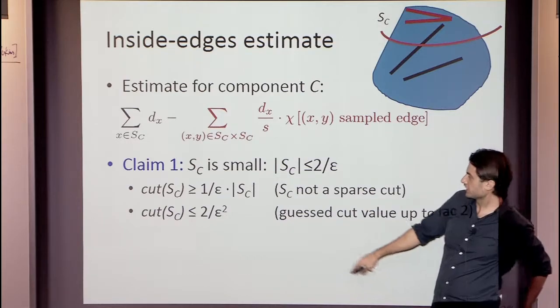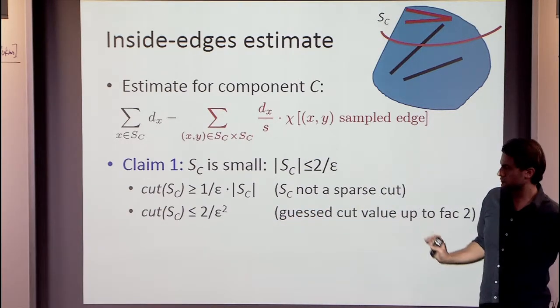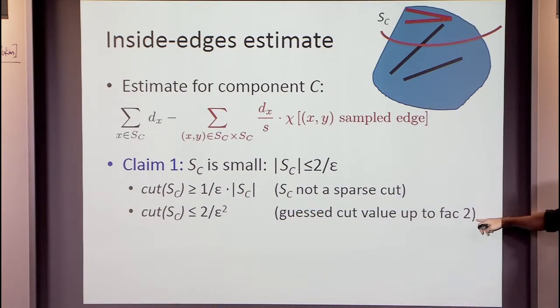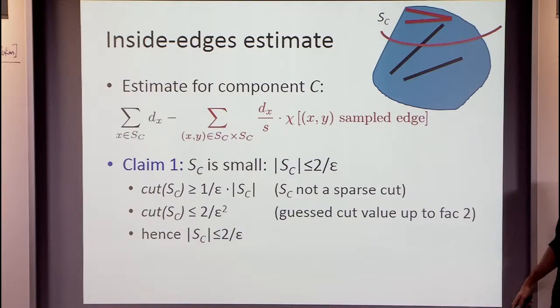On the other hand, the cut value of S_C is at most something like 2 divided by epsilon squared, just because we guess the right cut value up to a factor 2. Putting this together gives us an upper bound on the size of the set. That's really it.